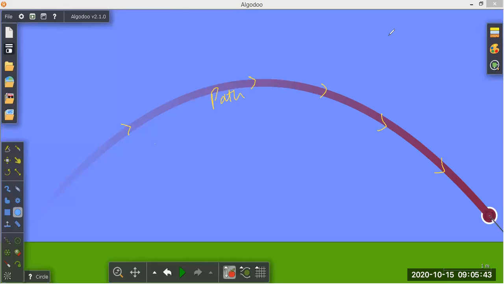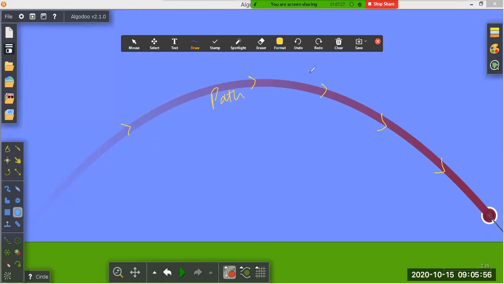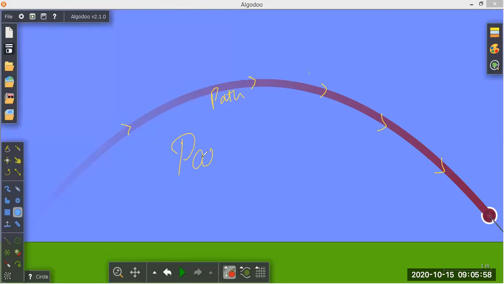What shape is the path? Okay, it is like a bump, that's right, but in maths, what is the exact shape called? It is called a parabola. Right? This shape is called a parabola.